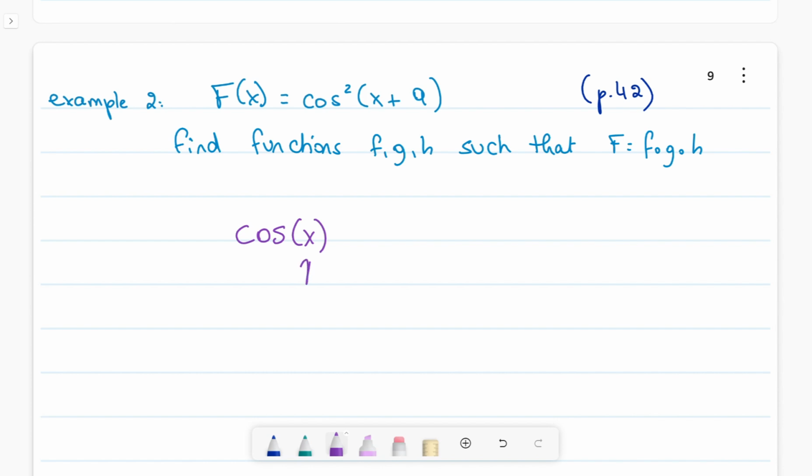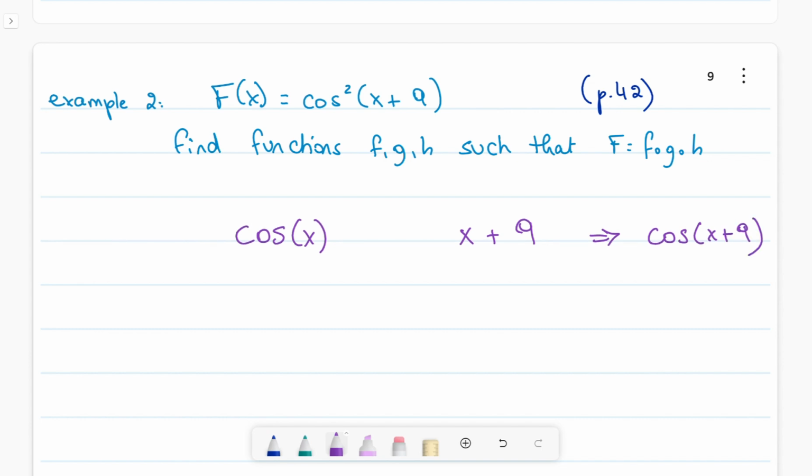But x is not what we want inside the function. We want an x plus 9. So another function might be x plus 9. If these two functions are composed, we will end up with cosine of x plus 9.